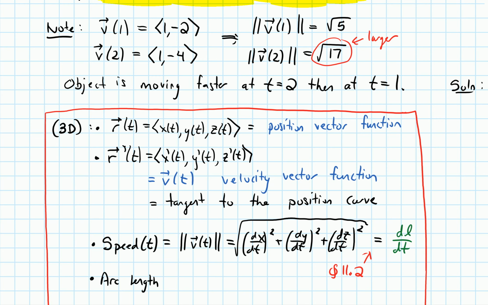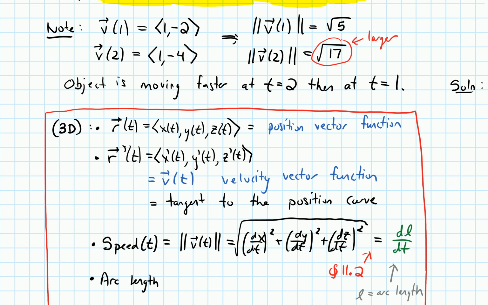So what is L here? Remember that L represents the arc length. We saw in section 11.2 that the derivative of this arc length function, dL/dt, was the magnitude of the velocity vector. It represented the speed of the particle.